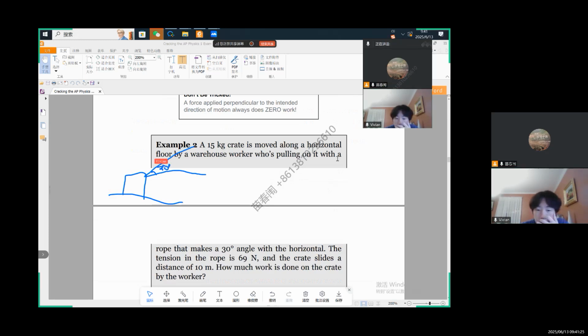The tension in the rope is 69 newtons. How much work is done on the crate by the worker?